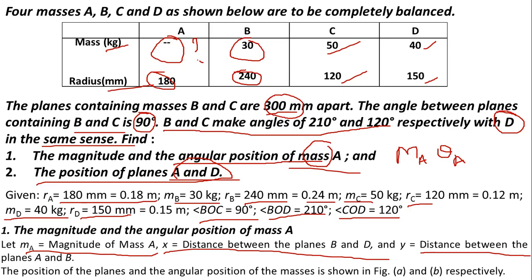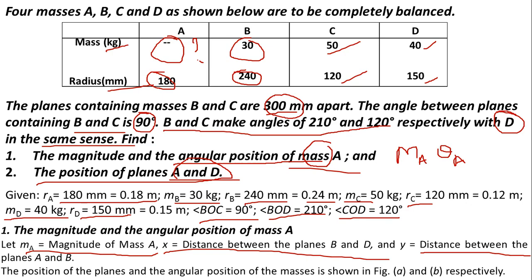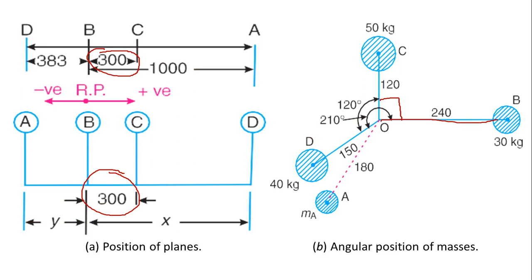Next, angle BOD is 210 degrees, and angle BOC is 120 degrees. With the given values, first mark the angular positions. So we get the position of planes and the angular positions of masses.